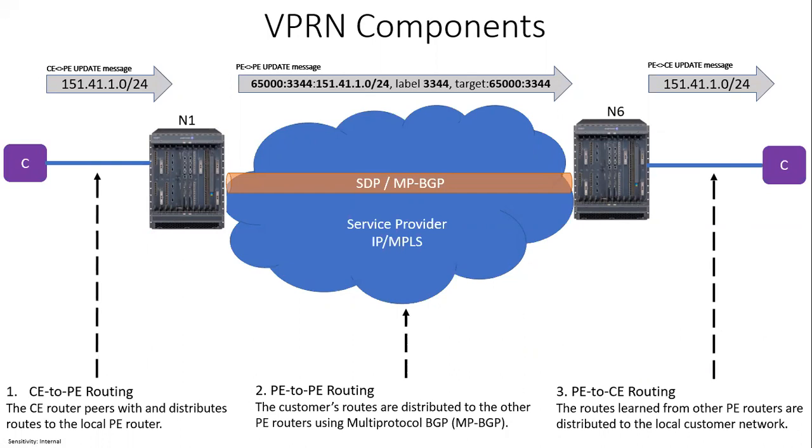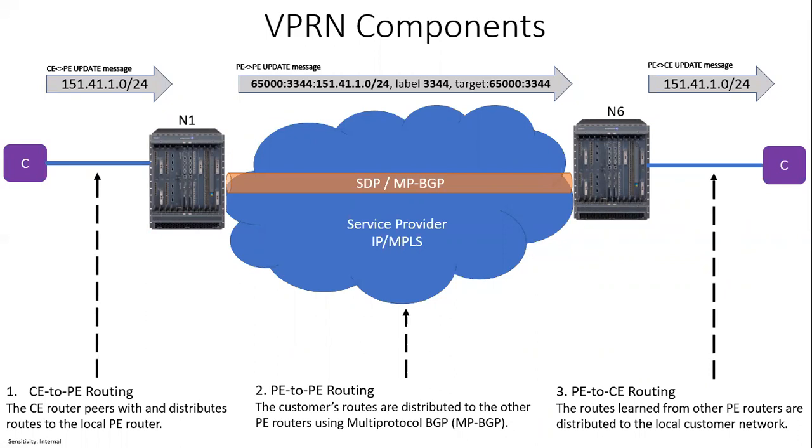So the CE to PE routing is where the customer edge router peers with and distributes routes to the local PE router. PE to PE routing is when the customer's routes are distributed to the other PE routers using multi-protocol BGP. And then PE to CE routing is when the routes learned from other PE routers are distributed to the local customer network.